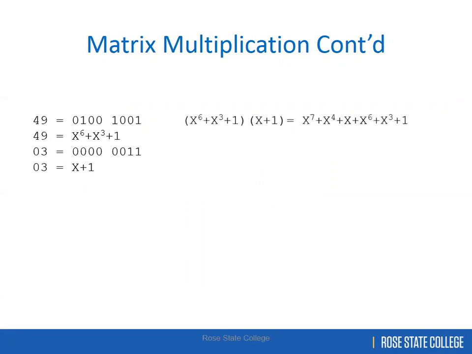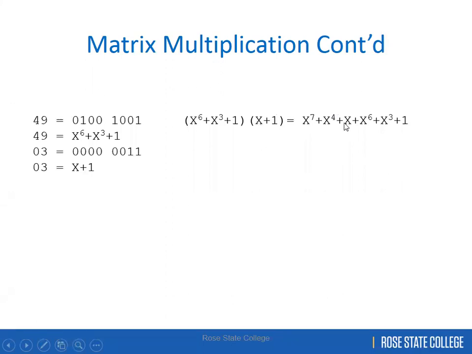Get that. So when you multiply that out, remember, since we have to take x to the 6th, x to the 3rd, and 1 times x plus 1, x to the 6th becomes x to the 7th, x to the 3rd becomes x to the 4th, and 1 times x is x. Okay? So we just did this part right here.